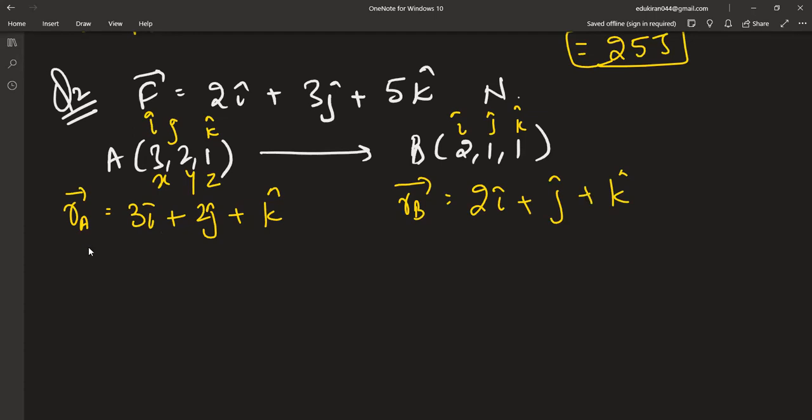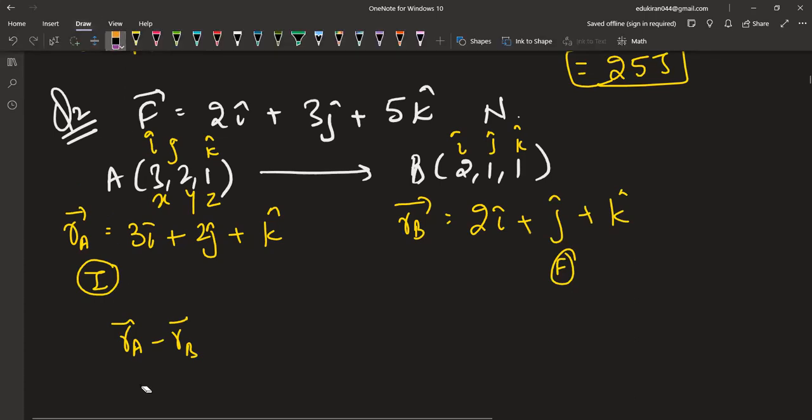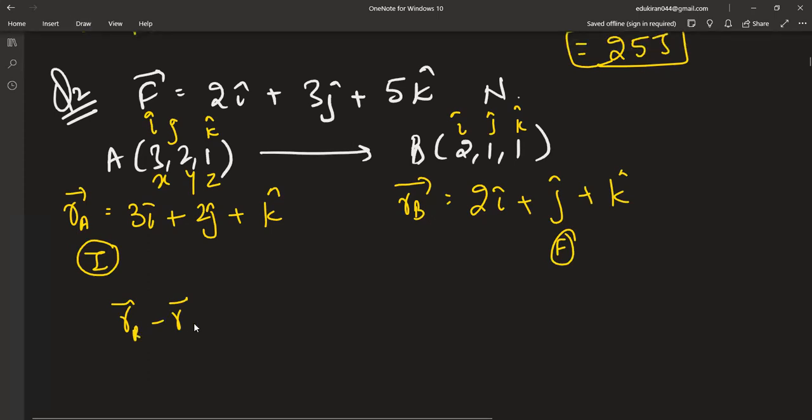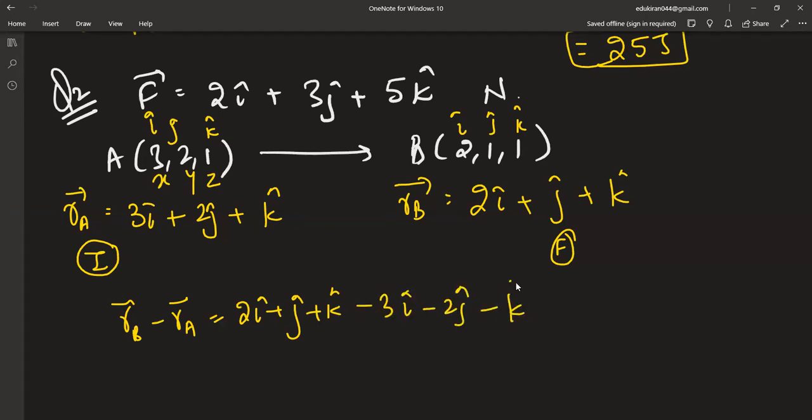Now, when we say displacement, if this is the initial point, this is the final point. So how do we calculate the displacement? r_A minus r_B. Sorry, r_B minus r_A. Final minus initial. So final is 2 i cap plus j cap plus k cap minus, all the signs will change, minus 3 i cap minus 2 j cap minus k cap.